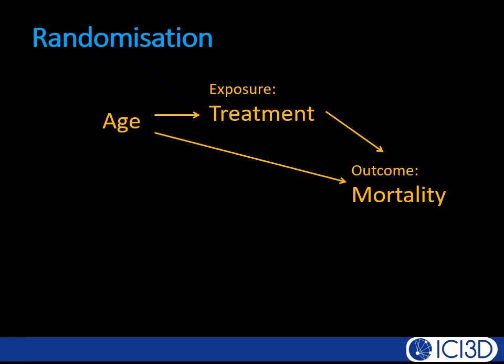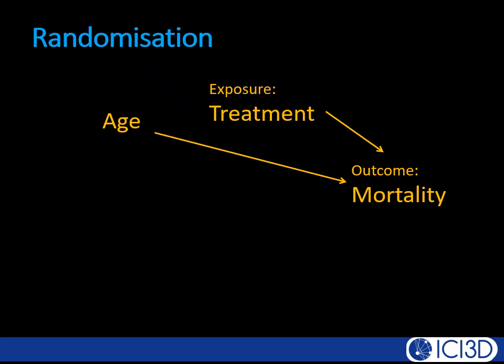In our example, we spoke about age as influencing treatment choice, and age also impacting mortality. If we randomly assign whether a person gets the treatment or not, we remove the path from age to treatment, because we don't consider age in our assignment.